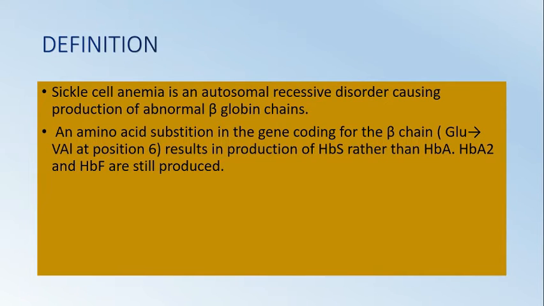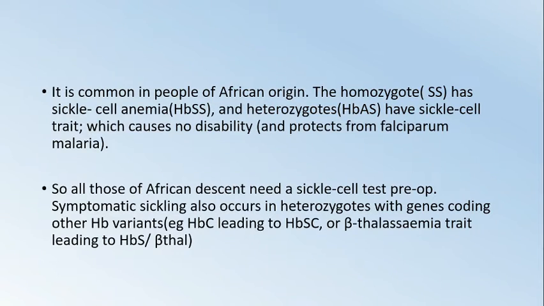As you see, HbA2 and HbF are still produced, but hemoglobin S takes more. It is more common in people of African origin, and the homozygous, that is SS, has sickle cell anemia.